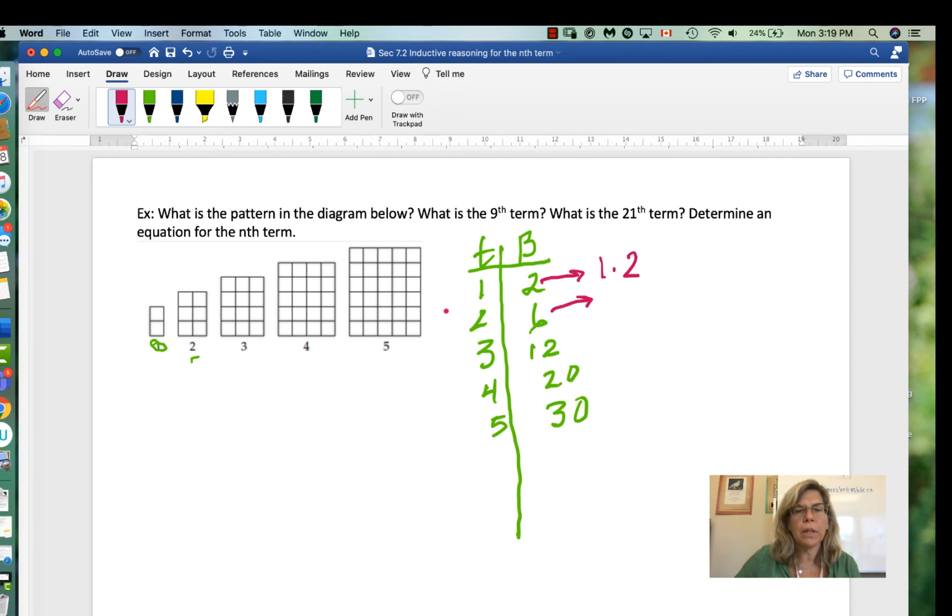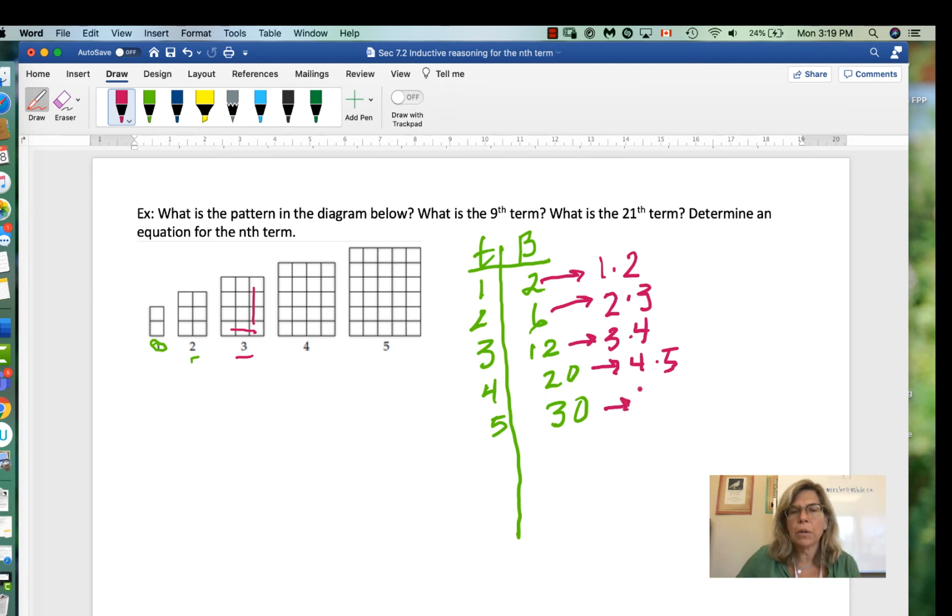And this one is 2 times 3. And number 3 is 3 times 4. And number 4 is 4 times 5. And number 5 is 5 times 6.